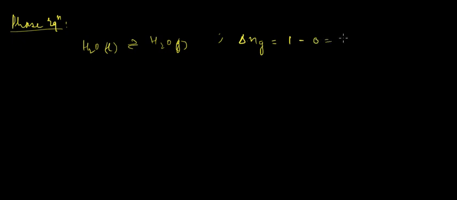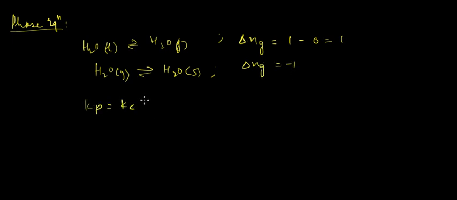So 1 minus 0, which is 1. Then if we talk about H2O(g) converting into H2O(s), then delta Ng would be minus 1, and Kp equals Kc into RT to the power delta Ng. We have discussed it so many times.